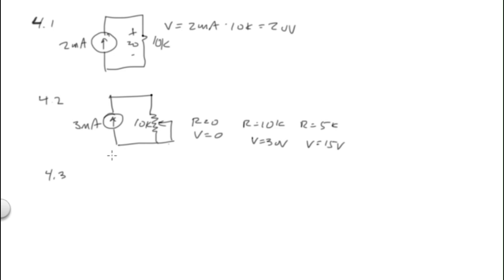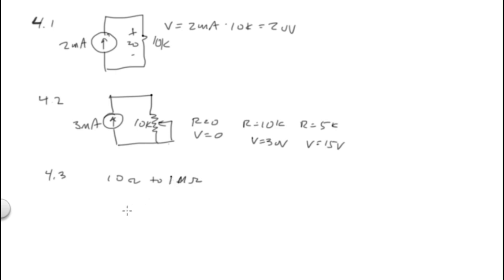So what would be the maximum value across the AB terminals?